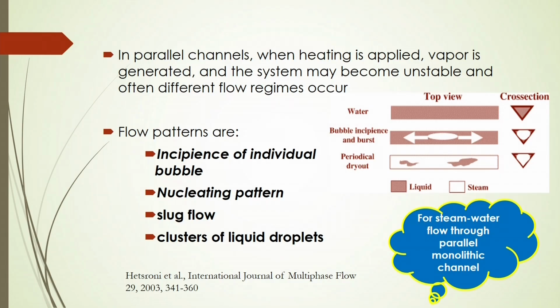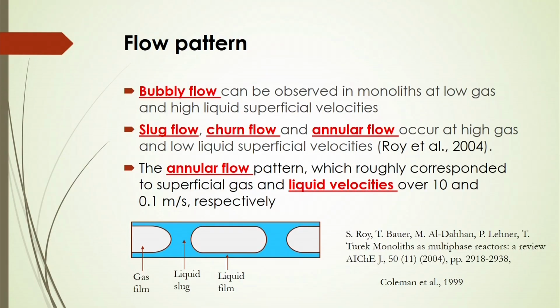So, for steam water flow through the parallel monolithic channel, you may expect the incipience of individual bubble, nucleating pattern, even slug flow, clusters of liquid droplets. These are the different flow patterns you can expect in this particular type of channel.